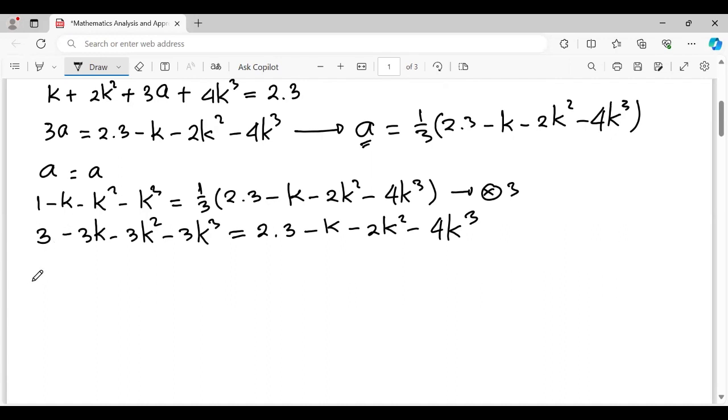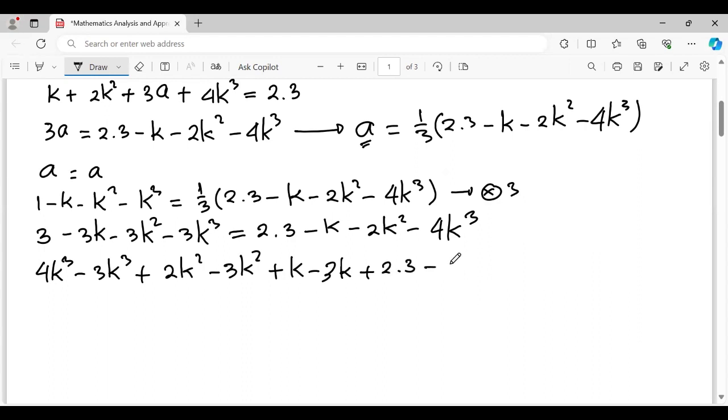So, wait, I'm going to take it like, yeah, it becomes 4k cubed minus 3k cubed plus 2k squared minus 3k squared plus k minus 3k plus 2.3, minus 2.3, sorry, minus 2.3 plus 3 equals 0.